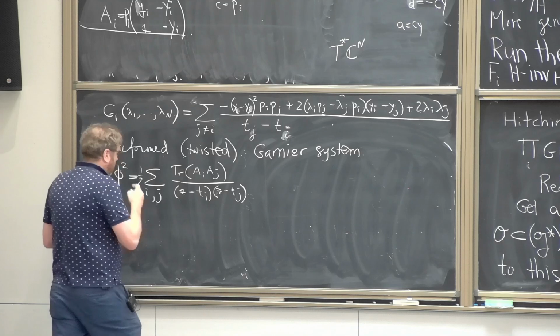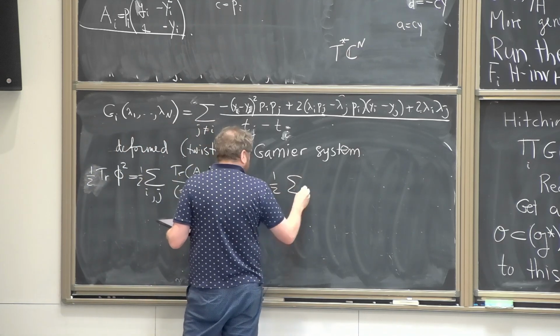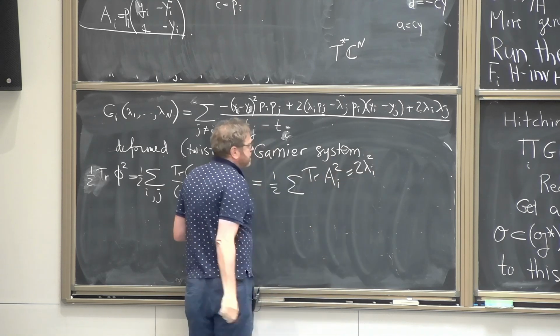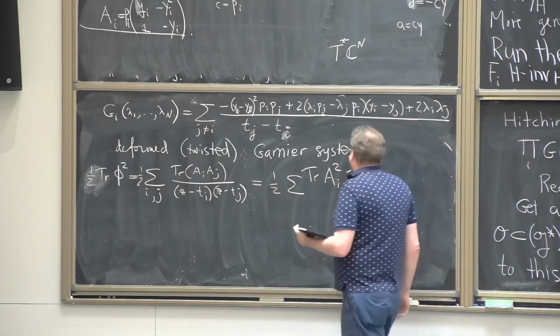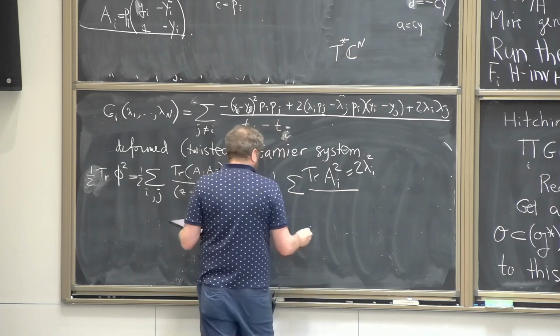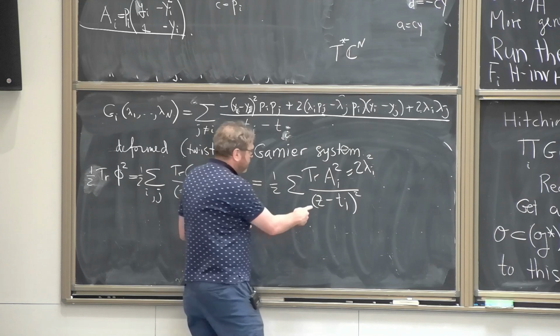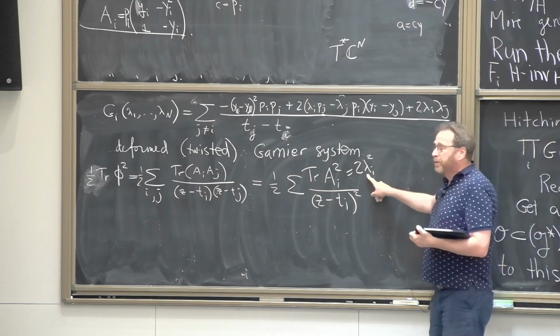In particular, this equals 1/2 times the sum of the trace of A_i squared, which is really 2 lambda_i squared, because this is a matrix that has eigenvalues lambda_i and minus lambda_i, divided by (z minus t_i) squared. In this case, we do have a term which has a second order pole at t_i. But if we only take the coefficient at t_i of the second power, we will just get lambda, which is a constant.